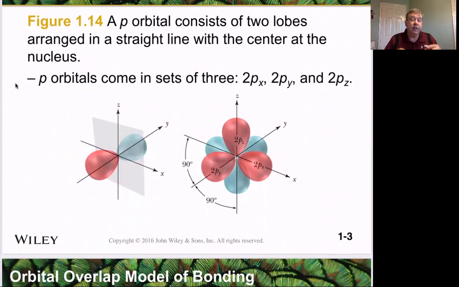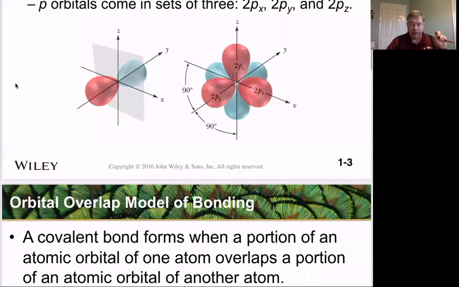Now, that should give us a place to bond 3 things in those 3 different directions, and those bonds would be 90 degrees apart if we only use the p orbitals to do the bonding. So the fact that when we have that tetrahedral structure, it's 109.5 degrees apart means we've done something. We cannot have these pure p orbitals doing the bonding.